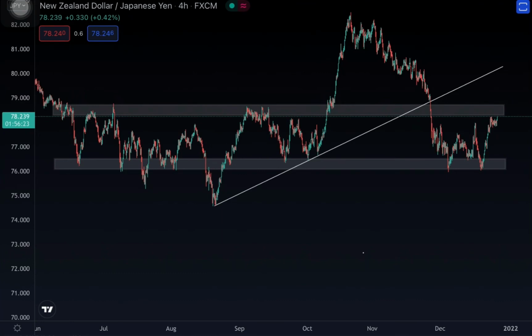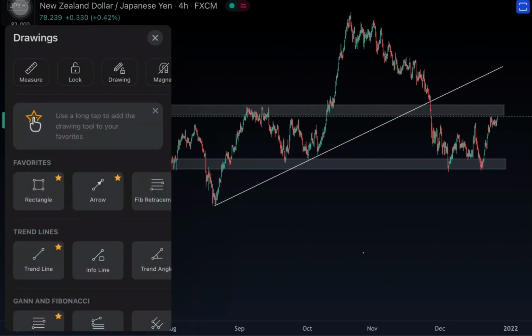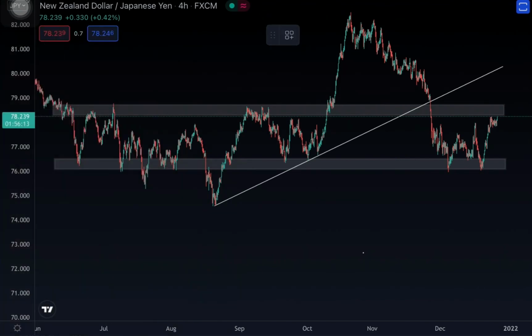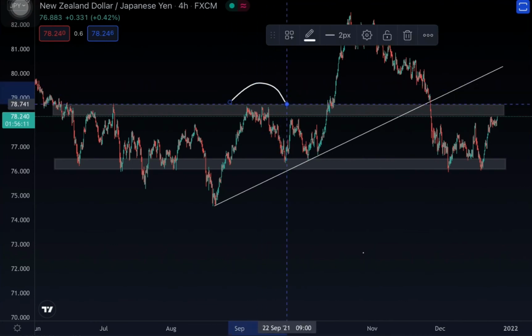So we have a trend line that is broken. First scenario: we have a theory of head and shoulders in here.